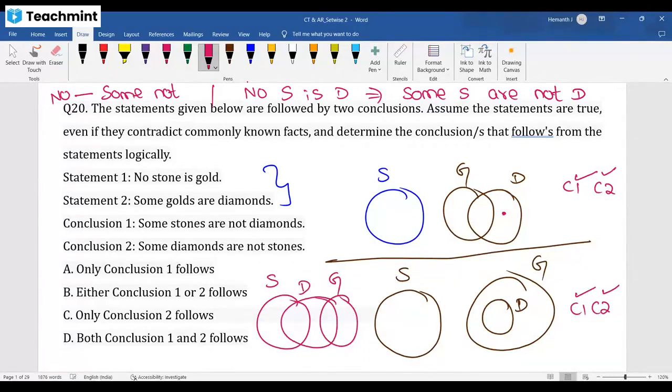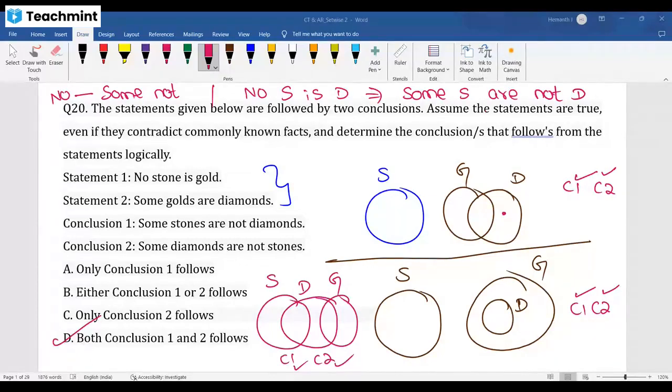But still, definitely, some part of diamond will not be in gold. Yes, both true. Both follow. It's not either or, both follow is okay. It is possible to have stones in diamond, yes, but not all, right? Not the entire part, right?